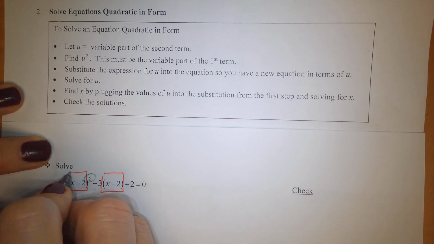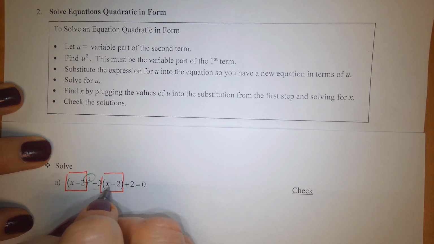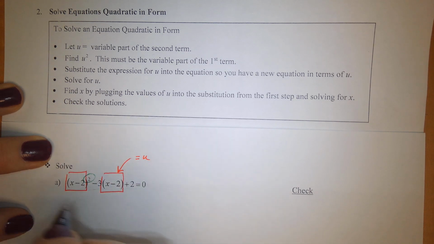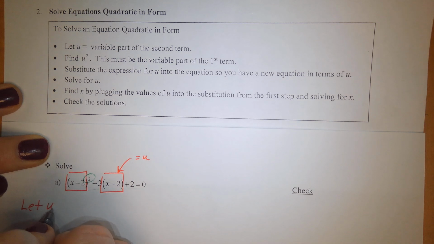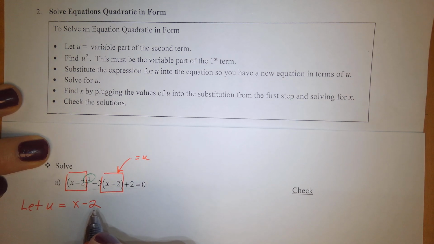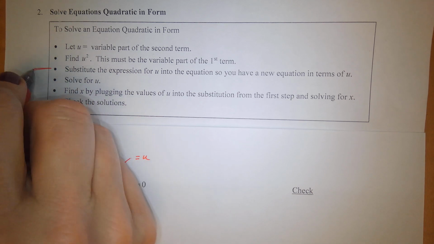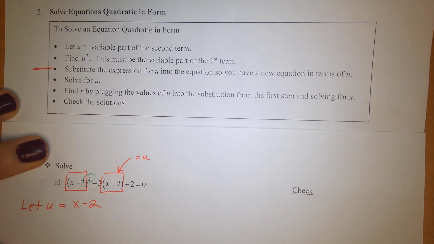So everything that's being squared and also what's in the second term, we're going to set this equal to u. So we're going to say let u equal x minus 2. Okay? So we're going to rewrite all of this by substituting that in.